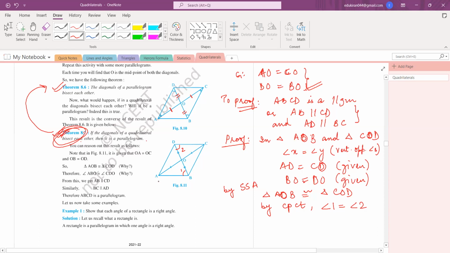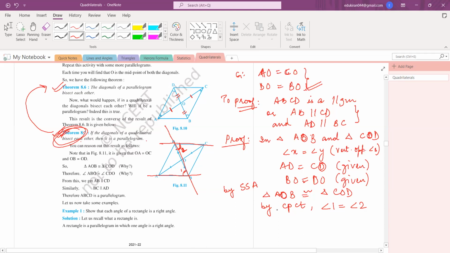Now look at the line segments AB and CD. If I'm considering this, look at these two lines. This is a transversal cutting them, and you have angle 1 and angle 2. So which kind of angles are equal? Ma'am, alternate interior angles are equal. So what does it imply? That the lines are parallel.